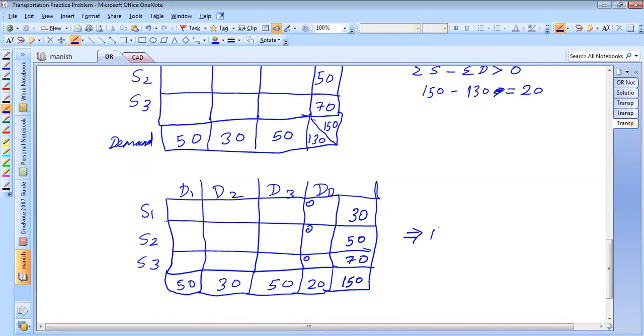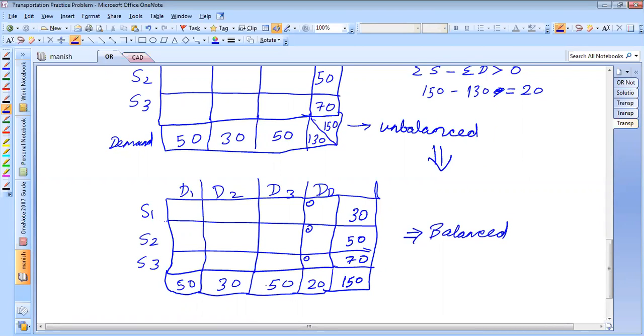So this also becomes a balanced problem. So this was unbalanced, and we have converted this unbalanced problem to a balanced problem.